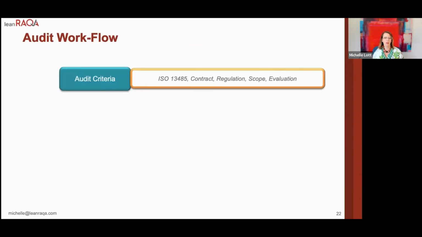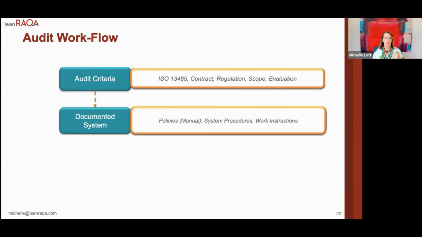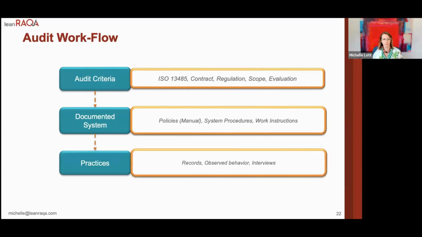So the audit workflow, they review, again, usually off-site, the audit criteria. They will look between the standards, any contracts you might have, and regulations, and define the scope. And then they move into saying, okay, for these criteria, does the documented system, in terms of SOPs et cetera, meet all the requirements of the audit criteria?